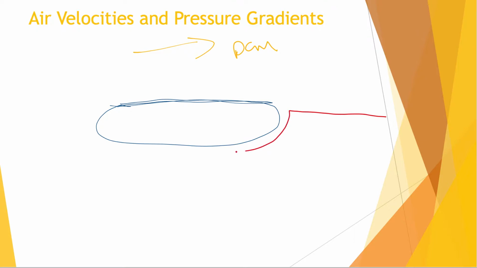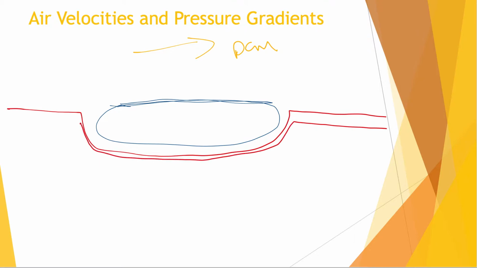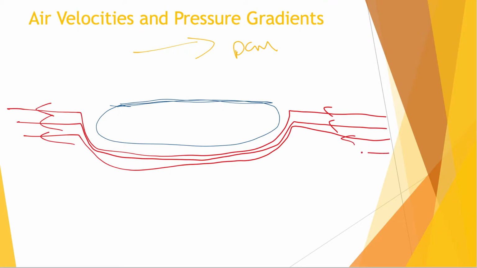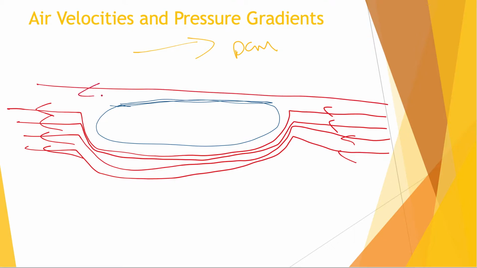This time this air is being forced the long way around like this. I'm going to draw tight lines in order to show high velocity air. So these lines nice and close together. I'll draw more air on this side, so I'm going to draw 4 on this side and then just 2 on this side. Spread out.